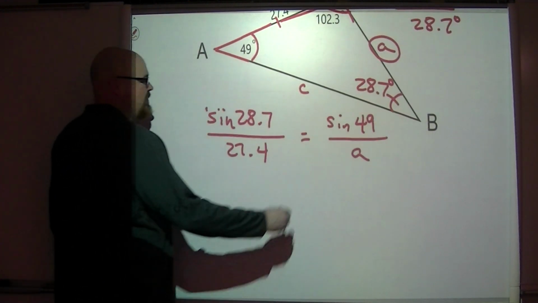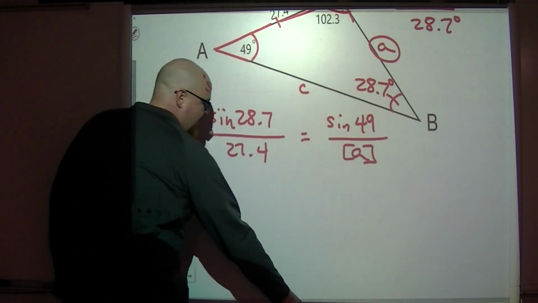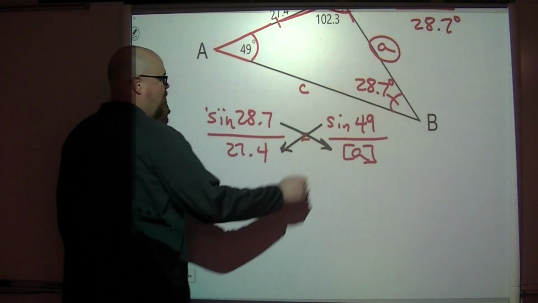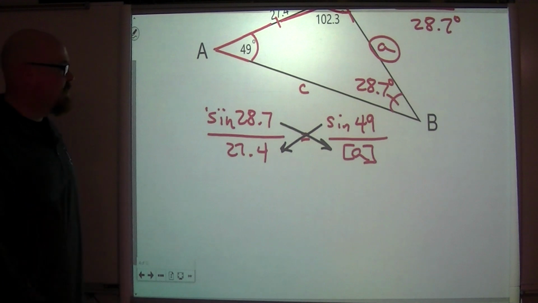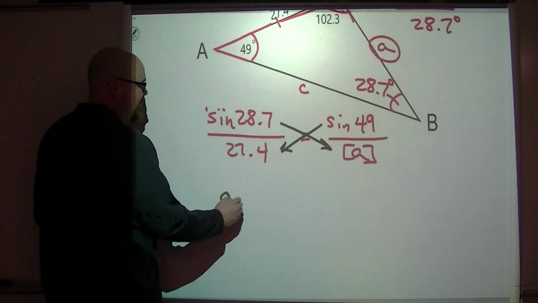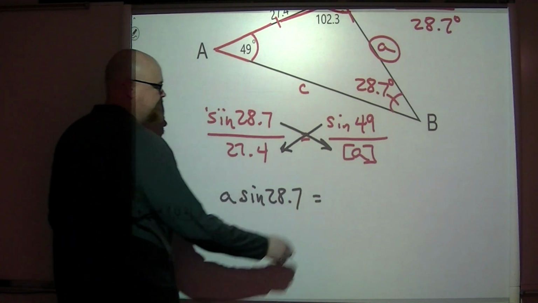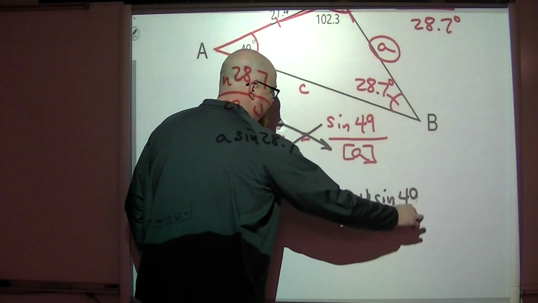So I'm solving for this variable down here. When we solve proportions like this, I like to go slowly, step by step. I'm going to cross multiply, which is, I'm sure, the way that you were taught this. So this is A times the sine of 28.7 equals 27.4 times the sine of 49.